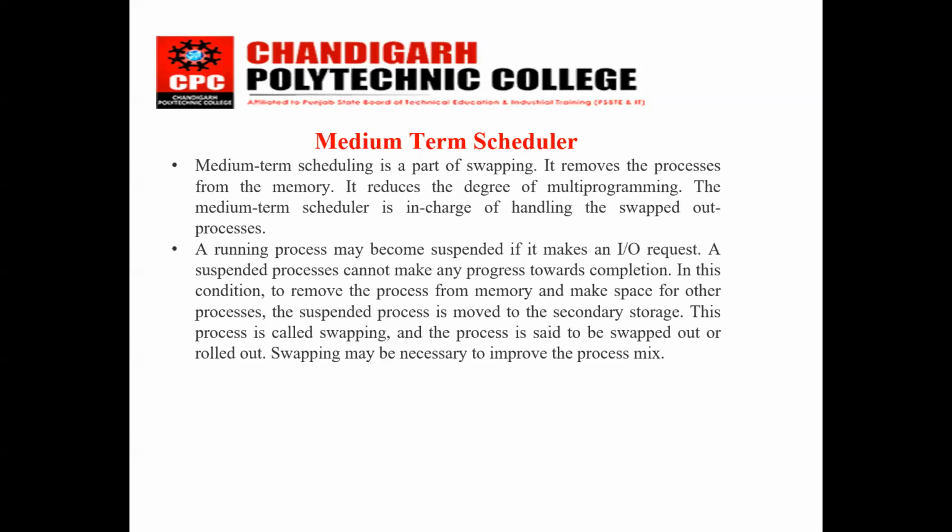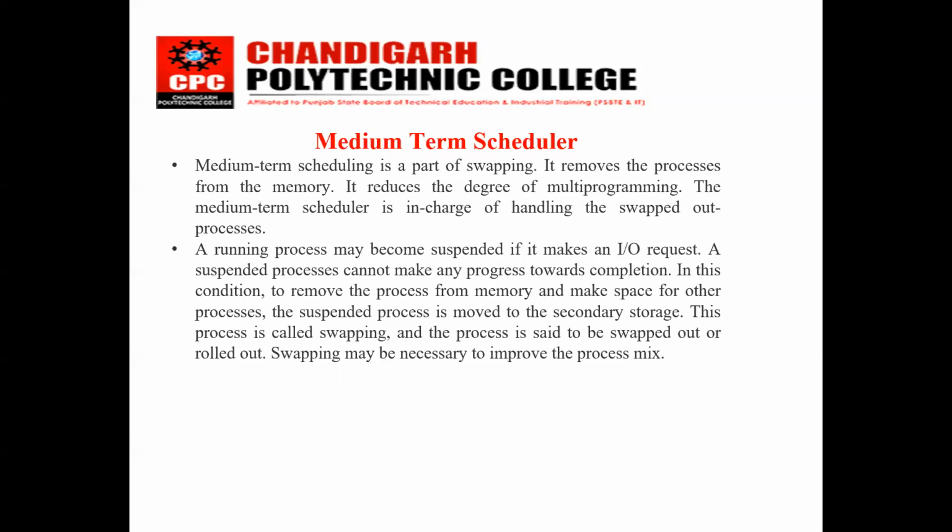The suspended processes are removed from the main memory so as to save space for ready processes. The suspended processes are stored in the secondary memory. Once the suspending condition is removed, it is the job of the medium-term scheduler to allocate the required amount of memory and swap the processes to make them ready.